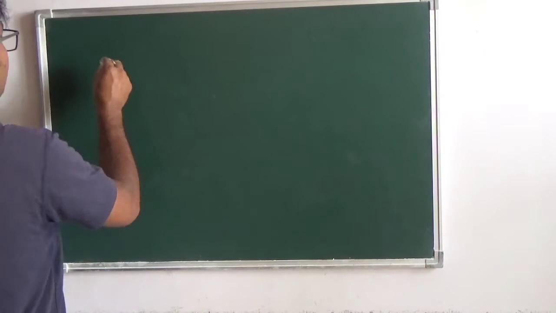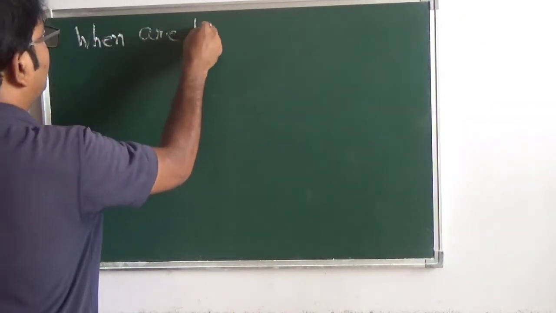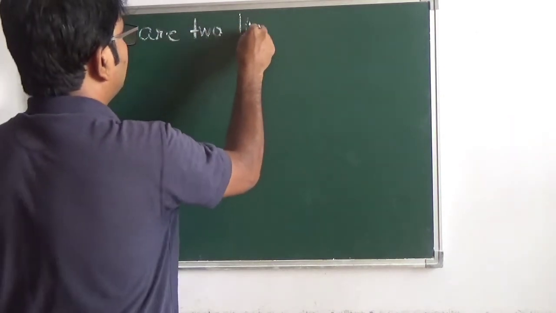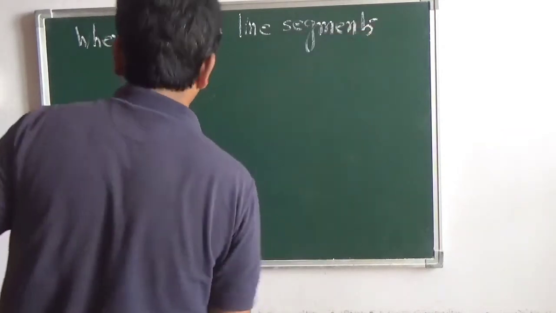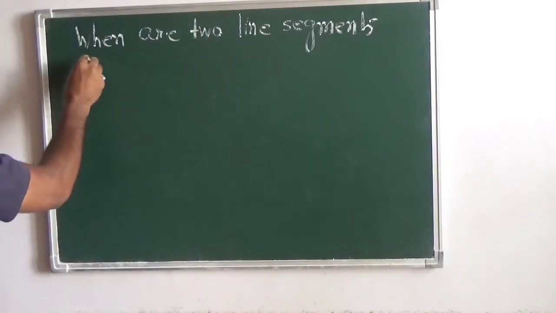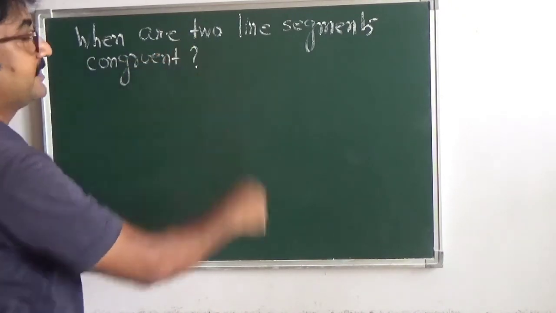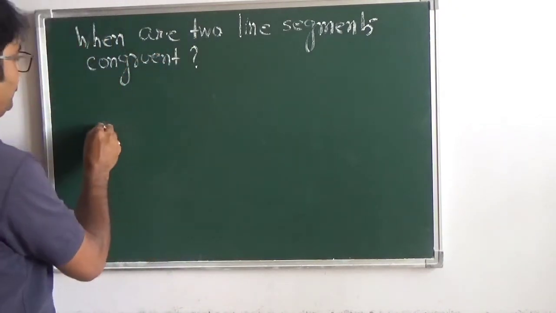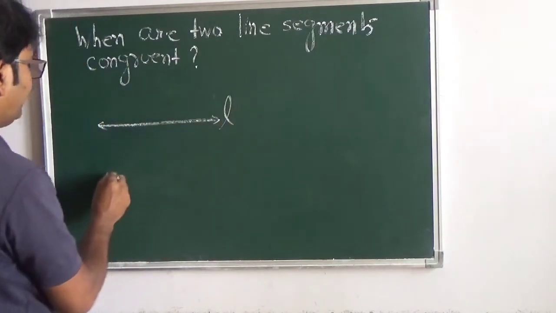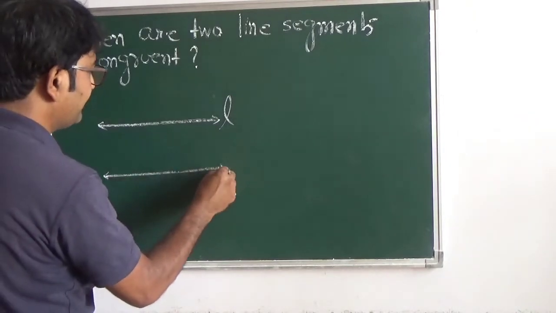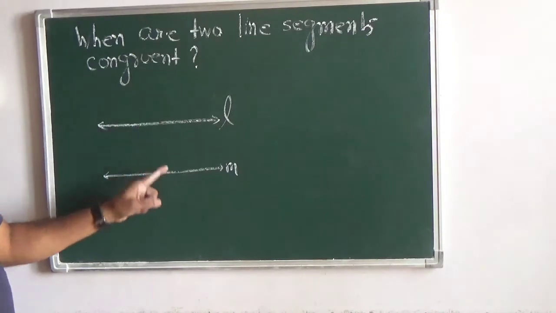Now before that, when are two line segments congruent? If we consider two line segments, one is this, let us name it L, and another line segment, let us name it M. You can see they are of equal length.